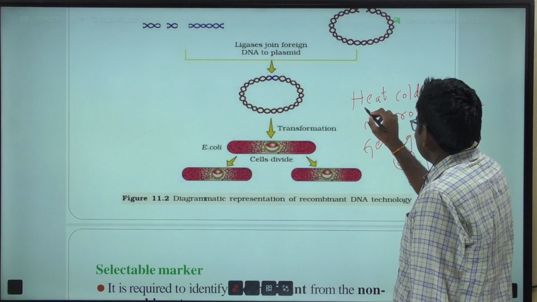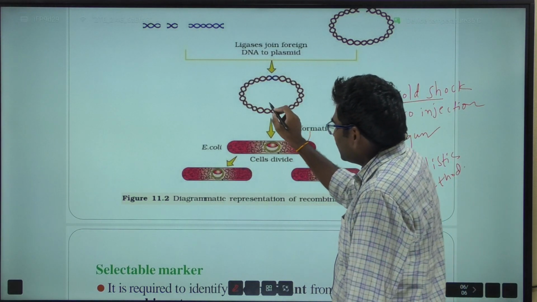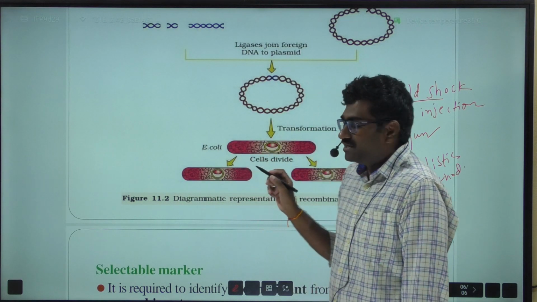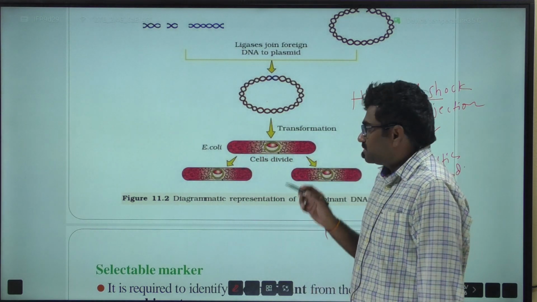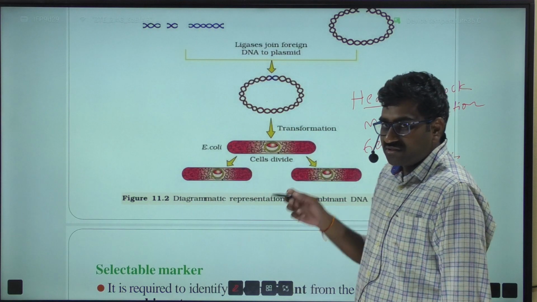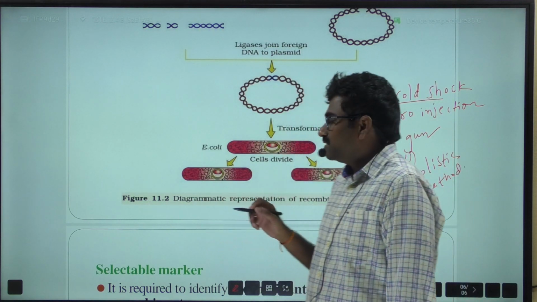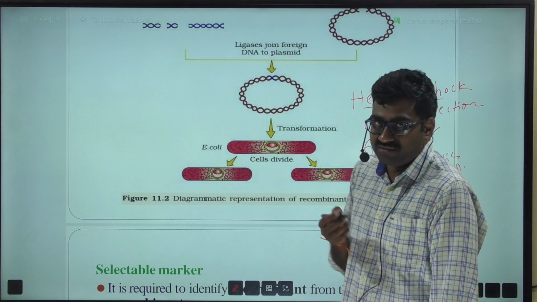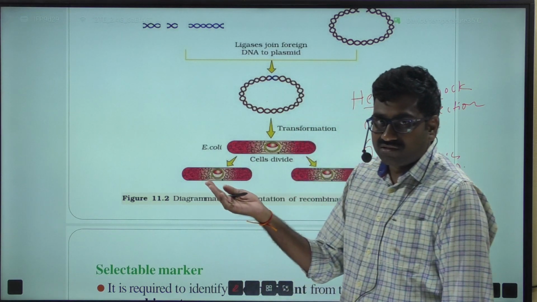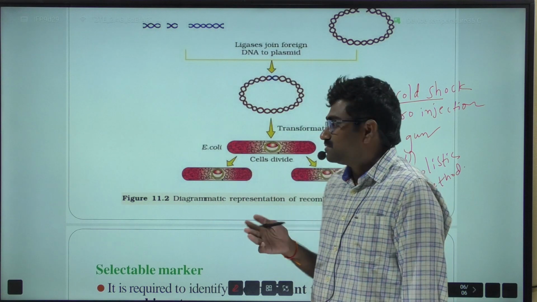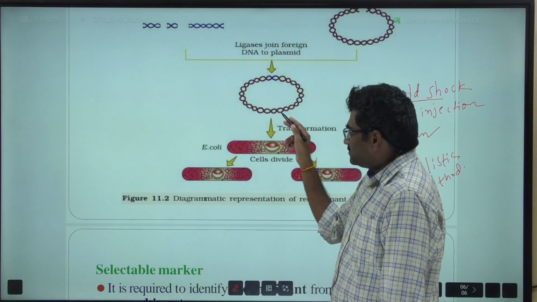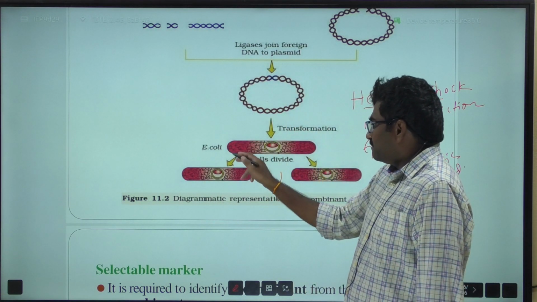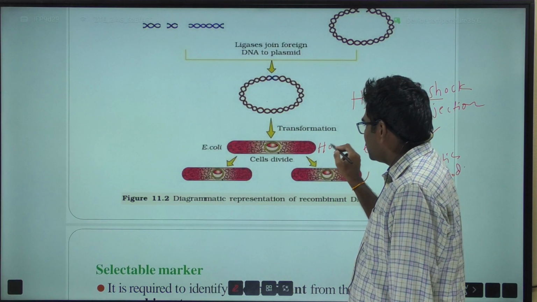In the heat and cold shock method, the rDNA and host are incubated and subjected to heat as well as cold immediately. We have to repeat the procedure 7 to 8 times: heat shock, again cold, heat, cold, so that the rDNA gets transformed into the host.